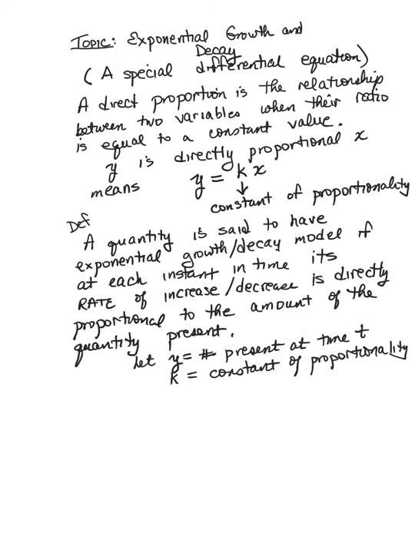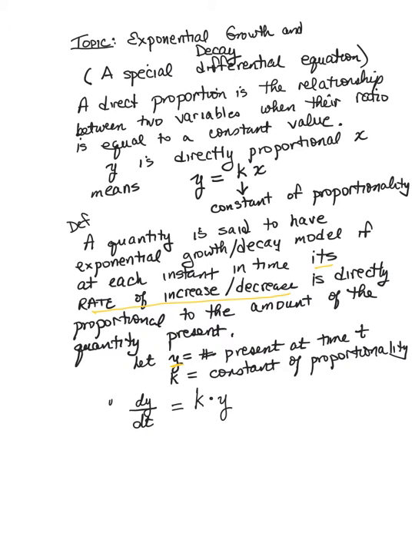A quantity is said to have an exponential growth or decay model. So this is the quantity here. If at each instant in time its rate of increase or decrease, that would remind us of the derivative of y with respect to time, dy dt, is directly proportional, that's where k times comes in, to the amount of the quantity present, which is just y.